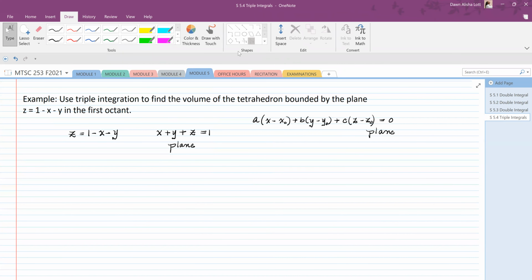It goes through the points 0, 0, 1, 1, 0, 0, and 0, 1, 0. And it goes to these points just like this.